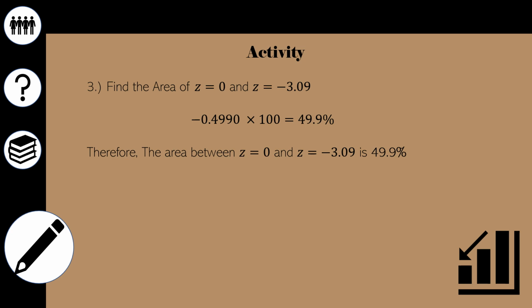And so, since we have our equivalent score, which is 0.499, we multiply that by 100, which moves here too, and cancel out the negative. We get 49.9%. And the area from 0 to negative 3.09 is 49.9%. Or we can round it off to 50%. Half.